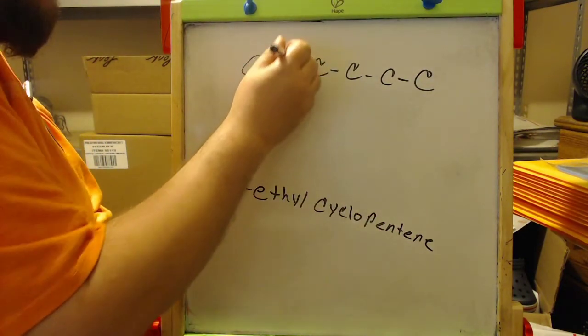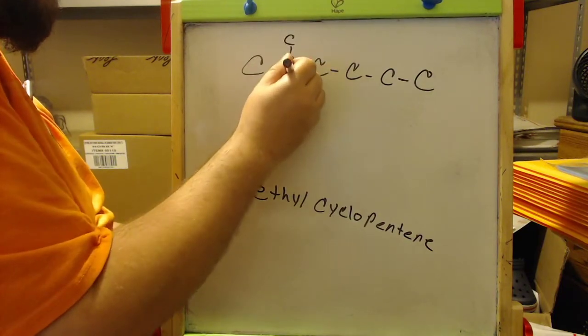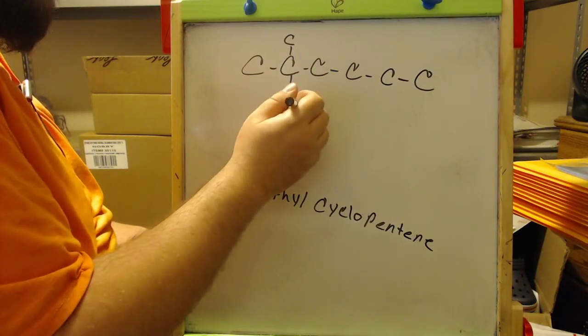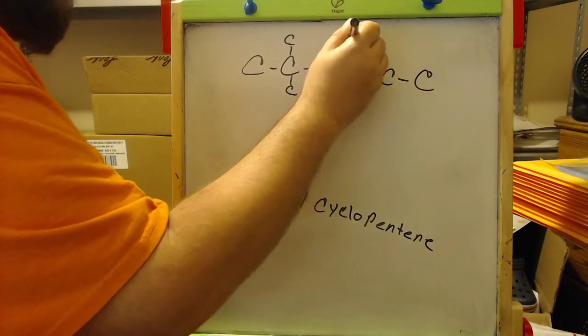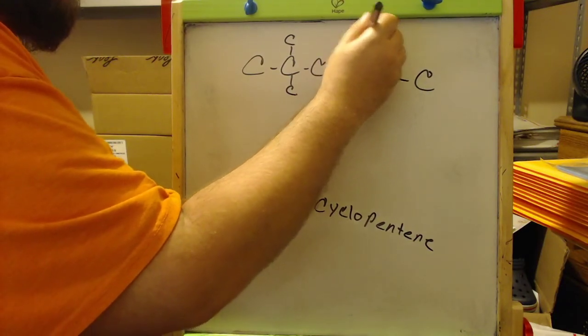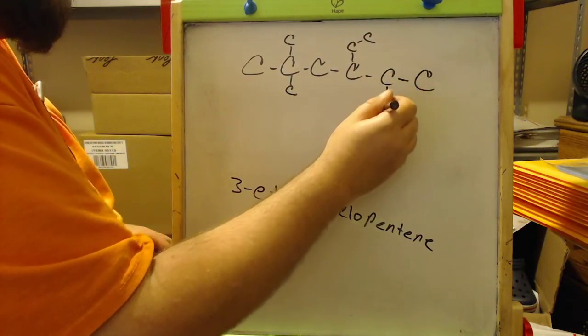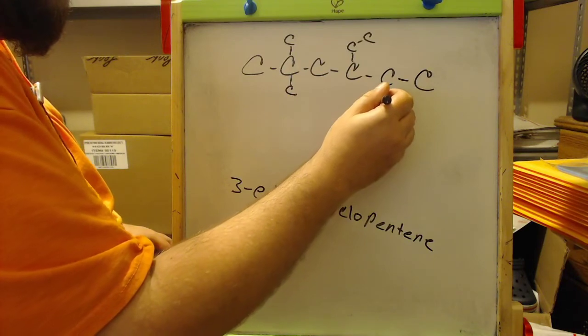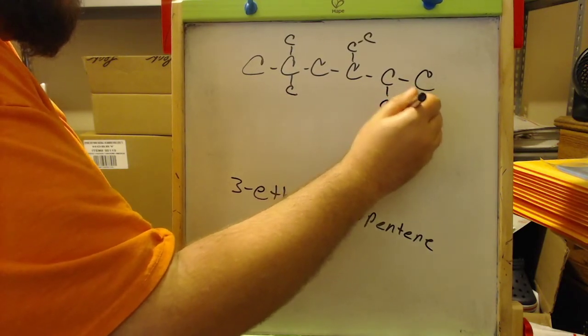Let's look at this one here. Put a group there. We'll put a group there. I'll put a group like this. And we'll put one more like this.